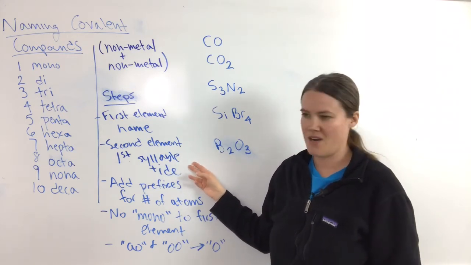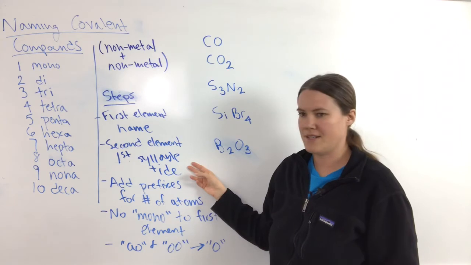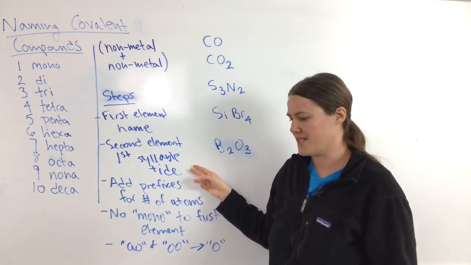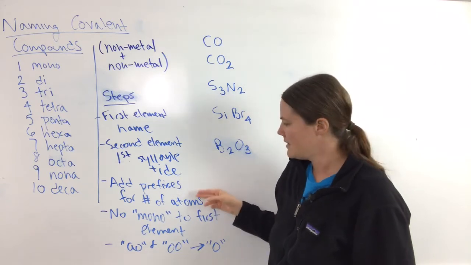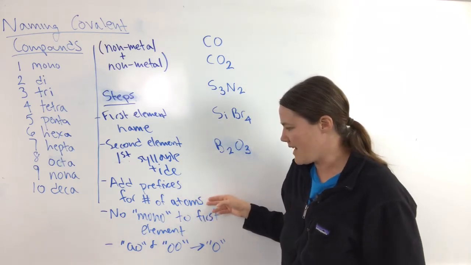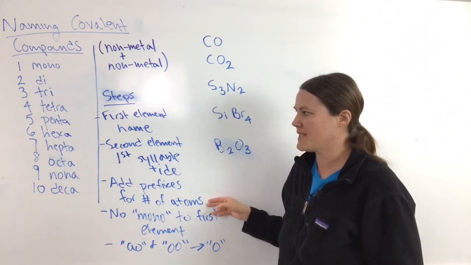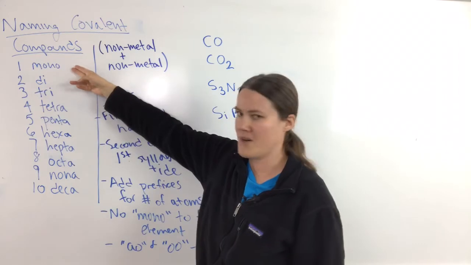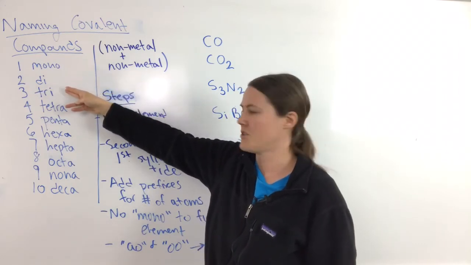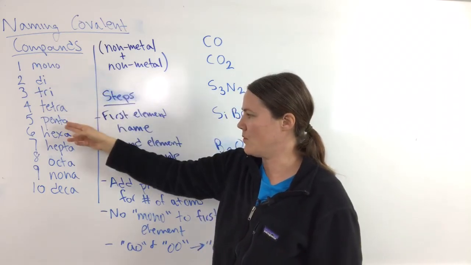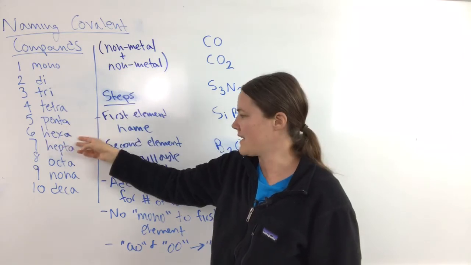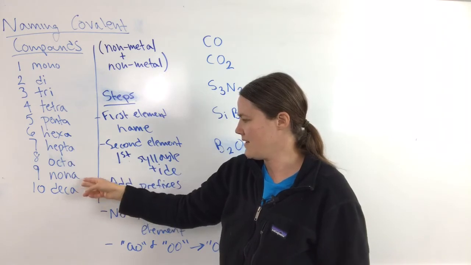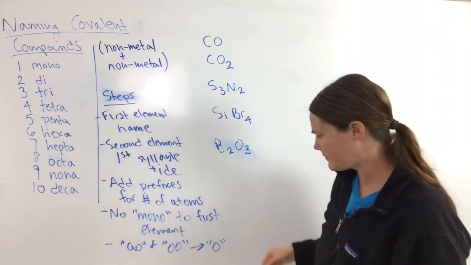For instance, oxygen would be oxide. Then add prefixes for the number of atoms: mono for 1, di for 2, tri for 3, tetra for 4, penta for 5, hexa for 6, hepta for 7, octa for 8, nona for 9, and deca for 10.